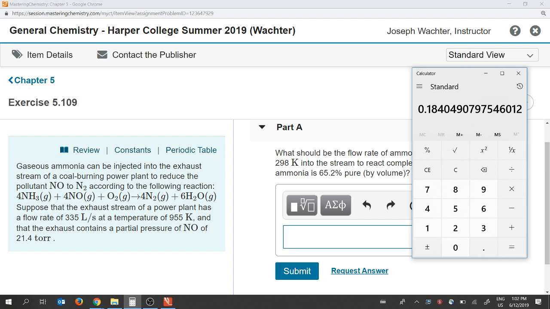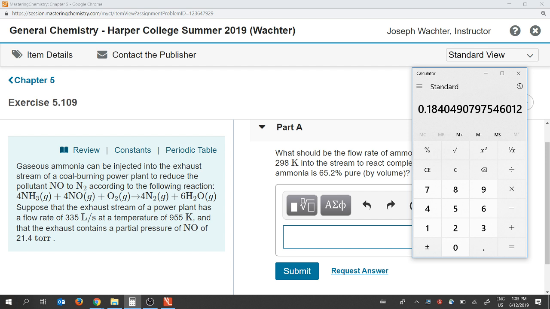So we actually need 0.184 moles of NH3 per second. And then we can do the rest just regular gas law stuff. Yeah? Okay. So that's kind of the tricky part of this question.